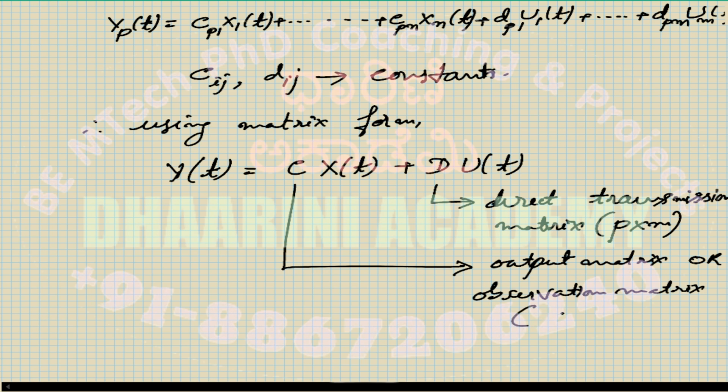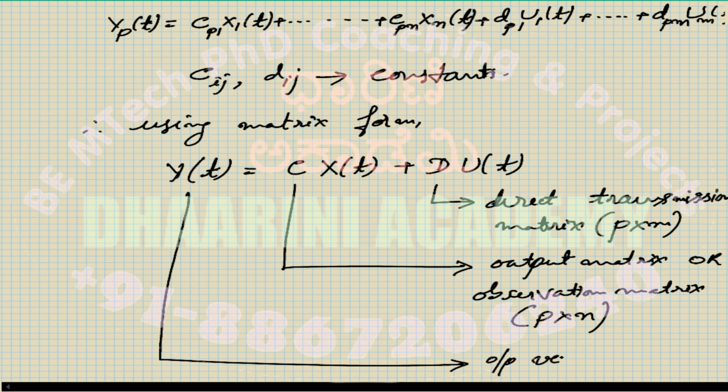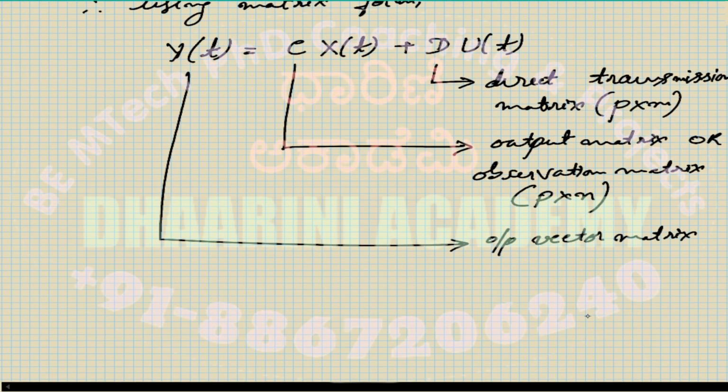C has to be p cross n. Okay, and this Y is nothing but output vector matrix. What's the size expected? There have to be p elements because p outputs, right? So this is p cross 1.